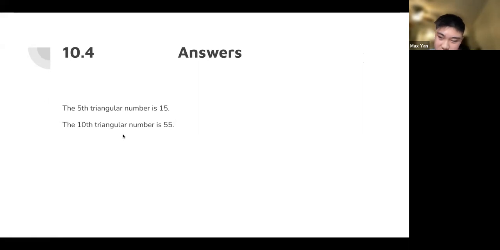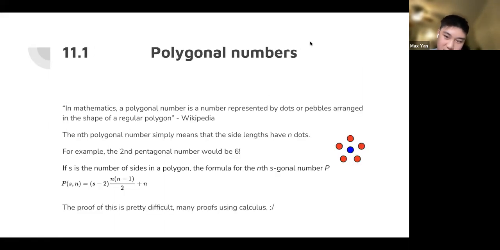So triangular numbers are generally more simple compared to what we're about to go on to, which are polygonal numbers. According to Wikipedia, which you probably shouldn't use in school, but it's occasionally good: in mathematics, a polygonal number is a number represented by dots or pebbles arranged in the shape of a regular polygon.